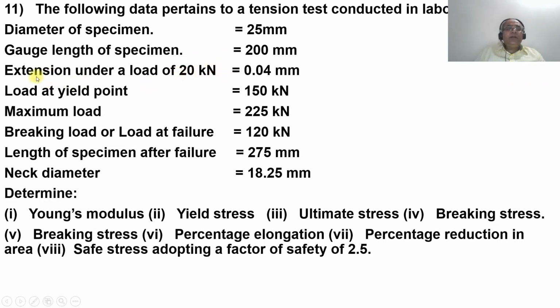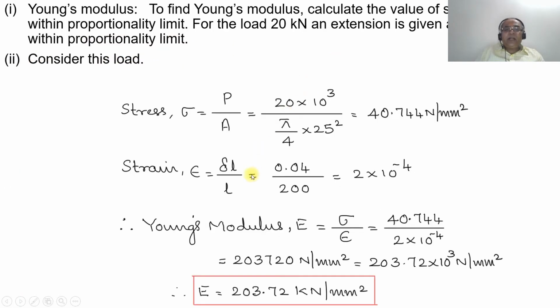Now we need to take the corresponding strain. Extension is the change in length, which is equal to 0.04 mm, over the gauge length. The gauge length of the specimen is 200. So delta L by L is equal to 0.04 by 200. On simplification, it is 2 into 10 to the power of minus 4, which is unitless.